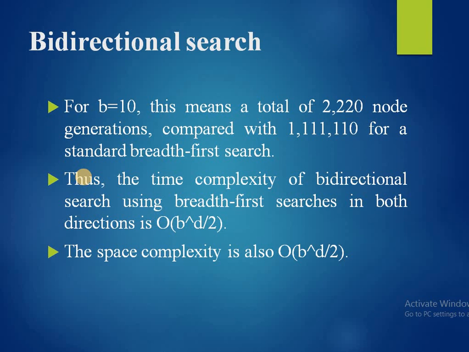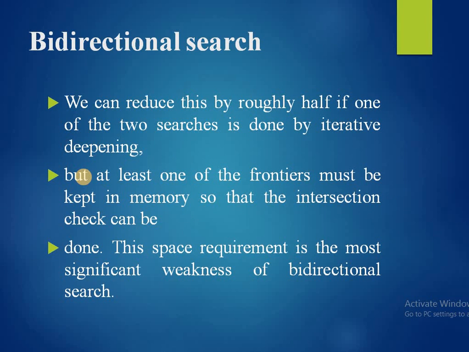Thus, the time complexity of bidirectional search using breadth first search in both directions is O of b raised to d by 2. The space complexity is also O of b raised to d by 2. We can reduce this by roughly half if one of the two searches is done by iterative deepening.